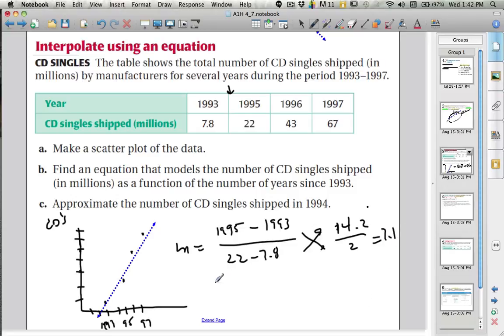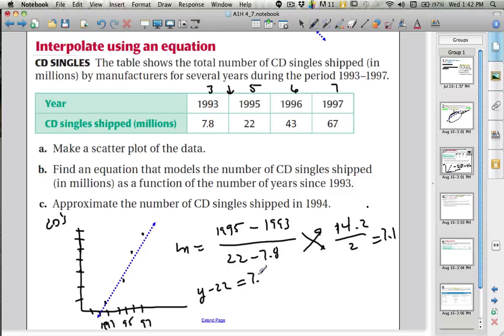If I want to write the equation, I'm going to take one of these points, the one with whole numbers. So I'm going to take y minus 22, and I'll use 3, 5, 6, 7 instead to make this a little easier to calculate.